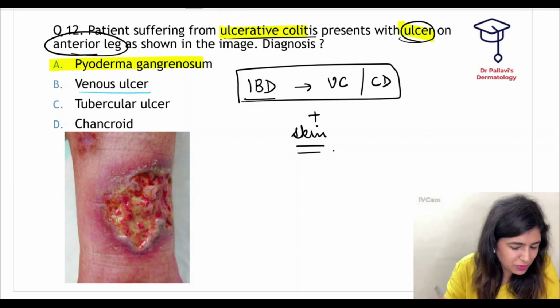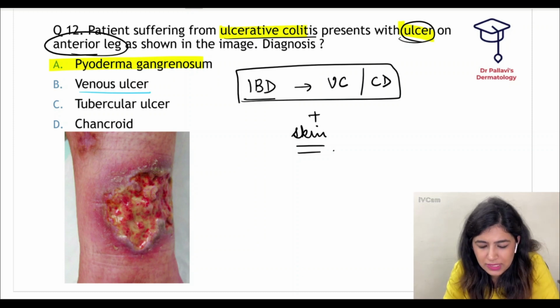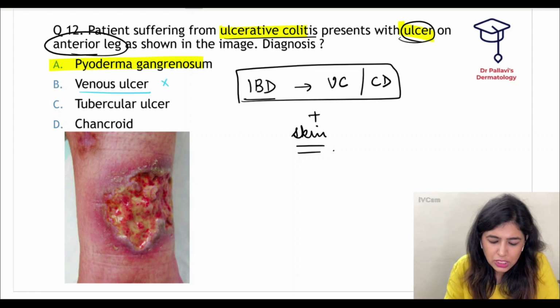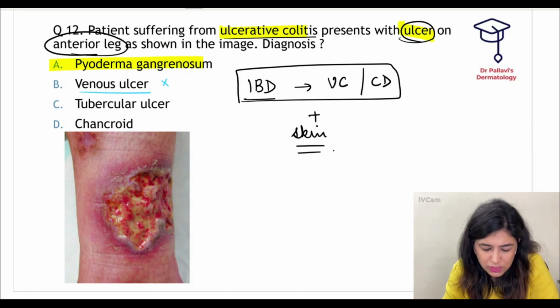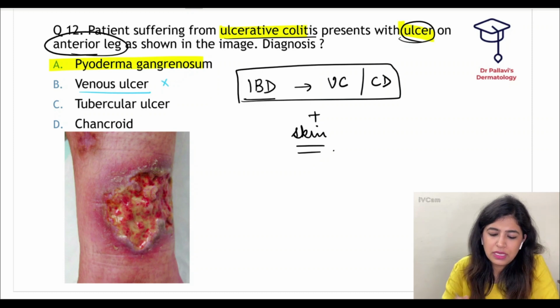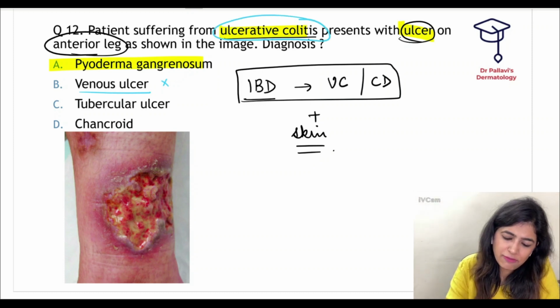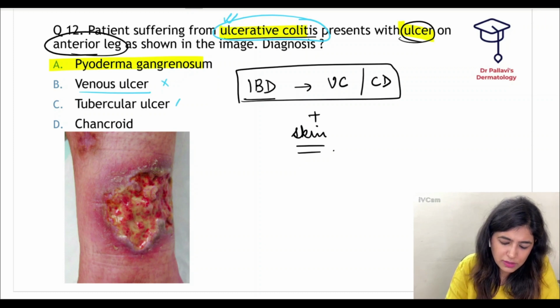Venous ulcer will not generally be given as an association with ulcerative colitis. Tubercular ulcer can have undermined edges. It can have bluish margins which you may not be able to differentiate on an image which is given in the exam paper. But the hint here is ulcerative colitis, which actually takes you towards pyoderma gangrenosum.